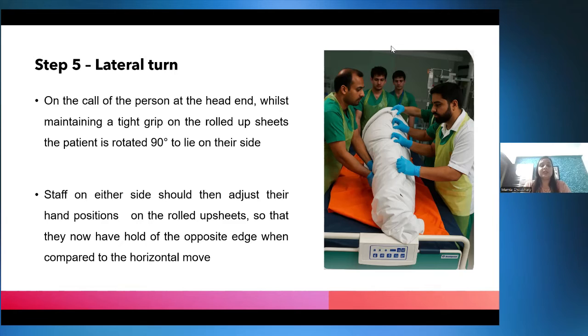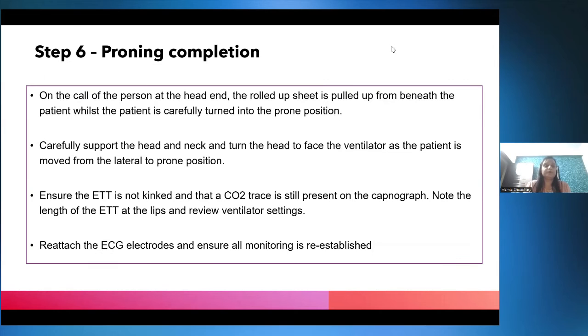Staff on either side should then adjust their hand position on the rolled up sheet so that they now have hold of the opposite edge when compared to the horizontal move. That means the staff whose hands are now at the downside will shift to the upside, and those who are holding from the upside will now hold from the downside to shift the patient to the prone position.